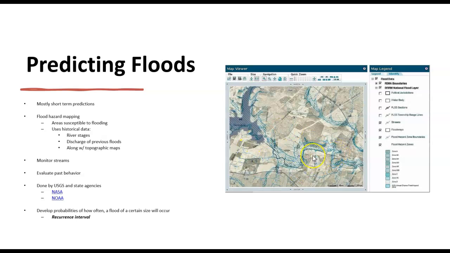If we can make maps, then we can warn people or give them the probability that a flood is higher here. We do recurrence intervals to give people an idea of how often big floods occur. We have monitors that monitor the water constantly, so if there's a flood coming, we can kind of predict. So we want to do stuff like that.